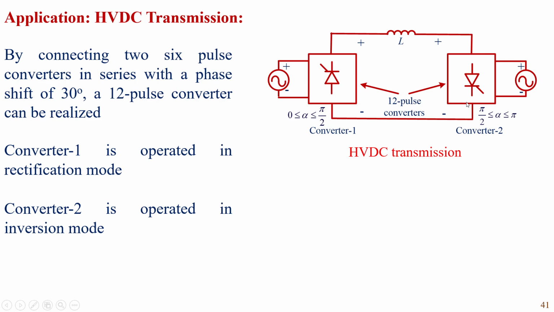At the receiving end, the same 12-pulse converter is operated in inversion mode with a firing angle between pi by 2 and pi. This is how the power is transmitted in HVDC transmission.